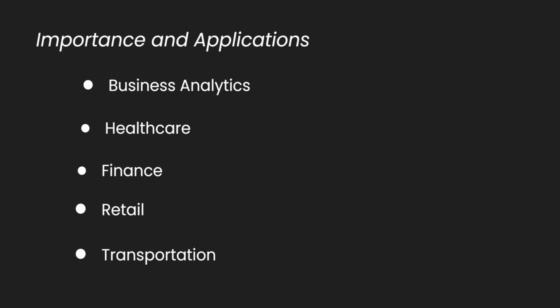Then transportation. It is used for route optimization, predictive maintenance, and autonomous driving technologies. As you can see, data science has a wide range of applications across various industries. Understanding these concepts and tools can open up numerous opportunities for you.